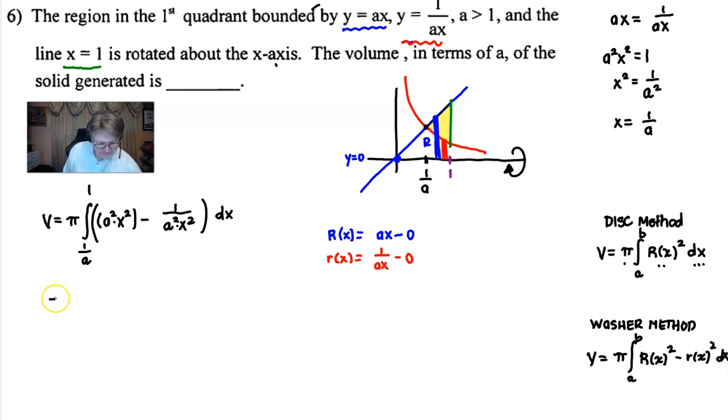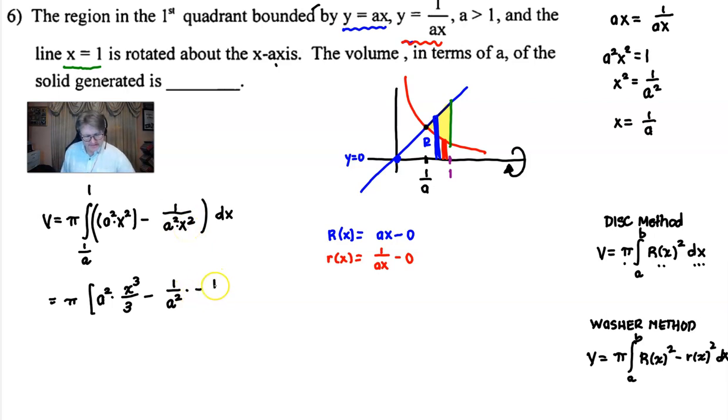But I want to show you that this is very, very easy to integrate by hand. If we drop the constant a squared down, integrate our x squared, which is x cubed over 3. And then we do the same thing here, drop our constant 1 over a squared down. Now careful, integrate x to the -2.